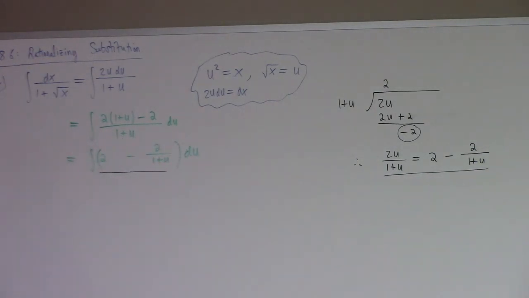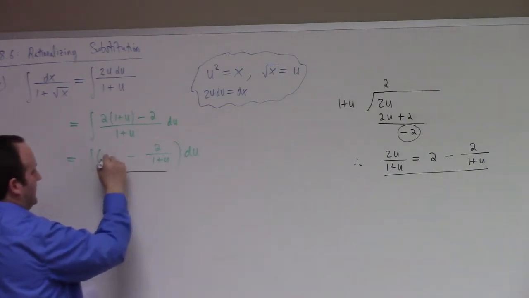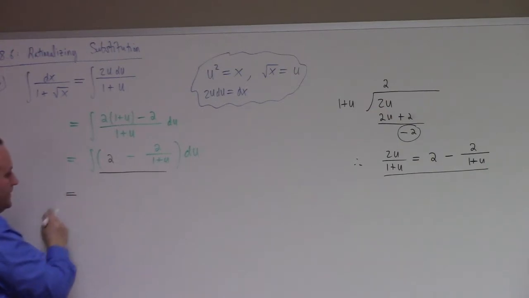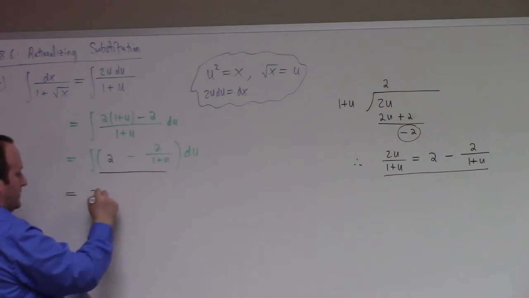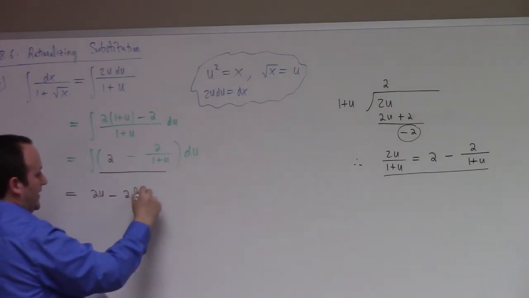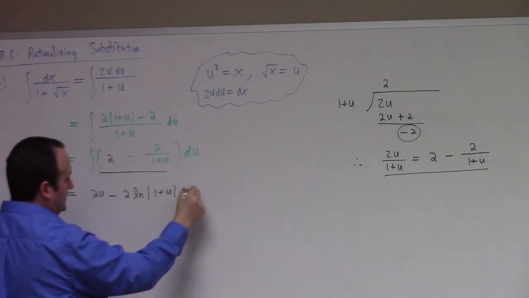So whatever method floats your boat, it's fine with me. I don't care. But some way or another, you have to know how to do this algebra because that's what we need to do in order to be able to make the integration, right? So then we integrate. What do we get? Two u, yeah. Minus what? 2 natural log absolute value of 1 plus u plus a constant, right?